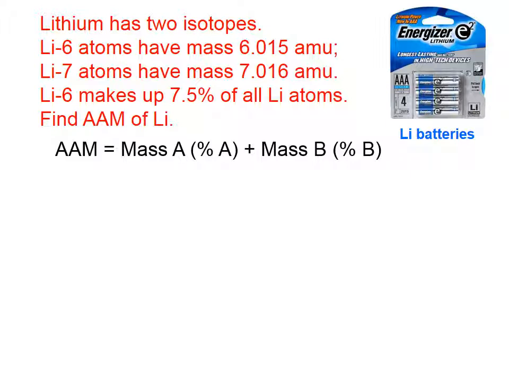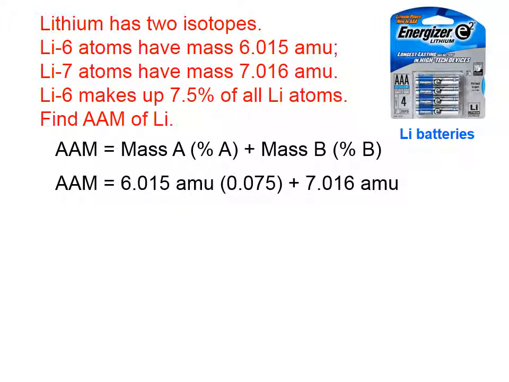So, what do we know that's given in helping us calculate the average atomic mass? Well, we know the mass of one of the isotopes, 6.015, and we know its percentage. Notice here that I've put the percentage in decimal form, so I've moved the decimal 2 places to the left. We also know the mass of the other isotope, but what is not given is the percentage of that isotope.